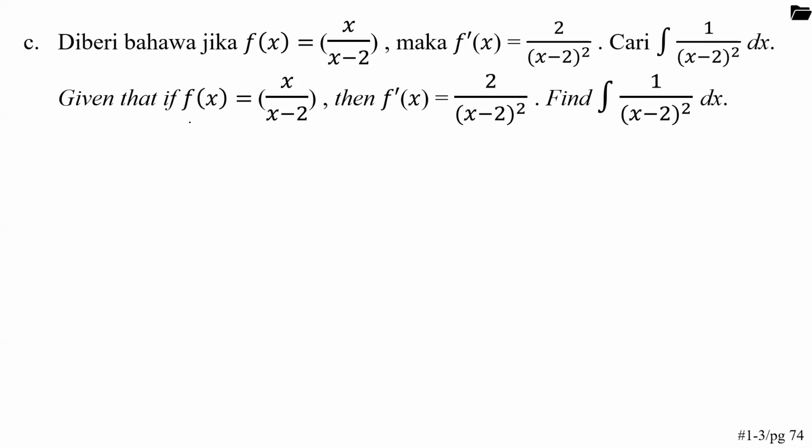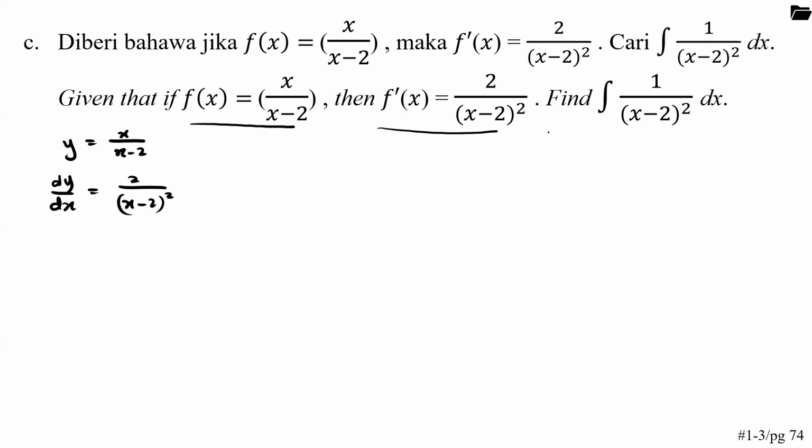So we have f(x), we have f'(x). f'(x) is dy/dx. So if f(x) and f'(x) are very confusing, you can change to y and dy/dx. This is sort of like y, and this one is sort of like dy/dx.